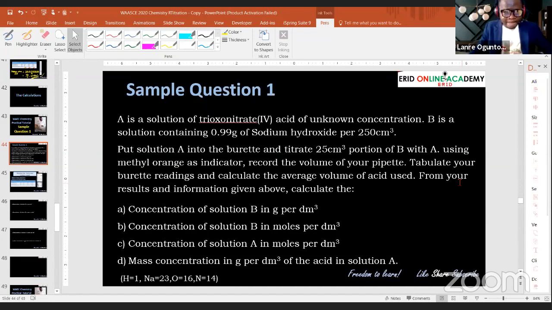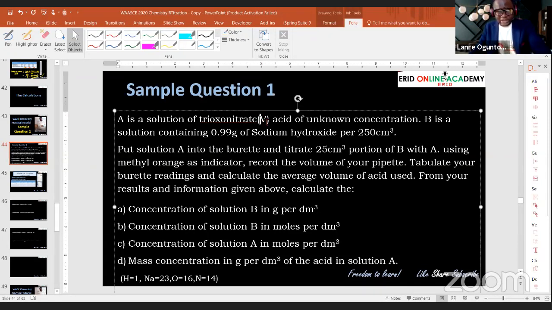It said a solution of trioxonitrate(V) acid. A is a solution of trioxonitrate(V) acid of unknown concentration. B is a solution containing 0.99 gram of sodium hydroxide per 250 cm3.